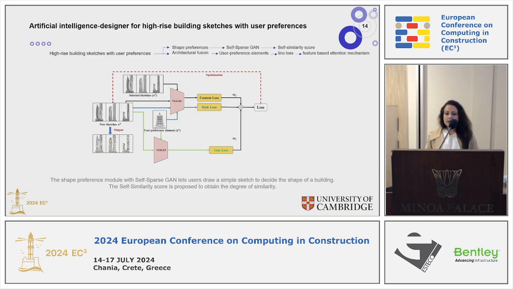This is also another study that uses GAN for generating high-rise building sketches with user preferences, considering two criteria, shape preferences and architectural fusion. So the shape preference module with SelfSpace GAN lets users draw a simple sketch to decide the shape of the building, and the self-similarity score is proposed to obtain the degree of similarity.